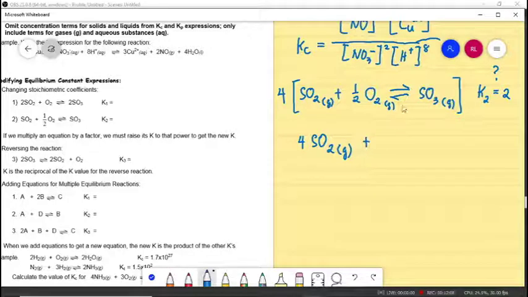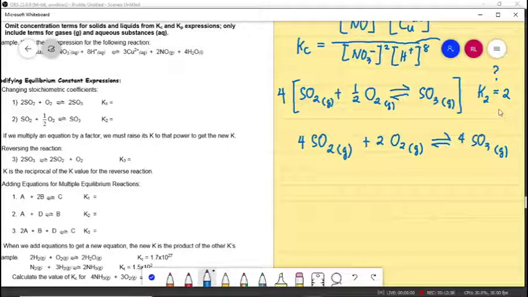Plus, this becomes 2. 4 times 1/2 is 2. And this becomes 4 also. So what is now the value of your K sub 2?